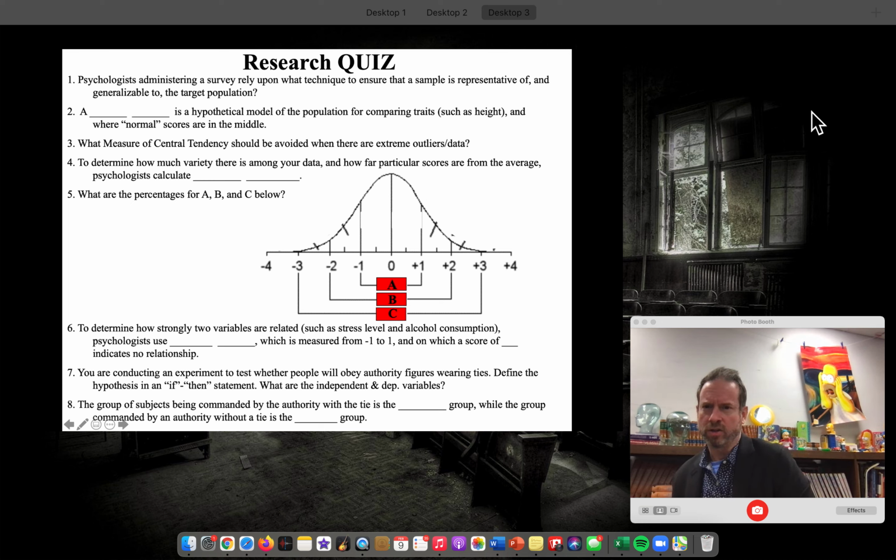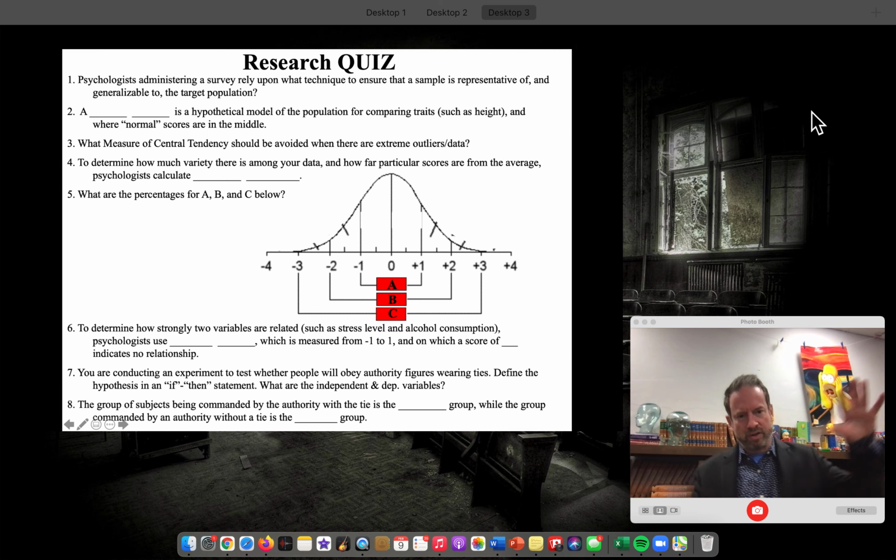Number four, to determine how much variety there is among your data. How much variability, how much variety? Is it all tightly packed around the average, or is it spread out like really low and really high, a bunch in different directions? And that's standard deviation, a pattern of deviation away from the norm and variability. So speaking of standard deviation, we're looking at that in number five.